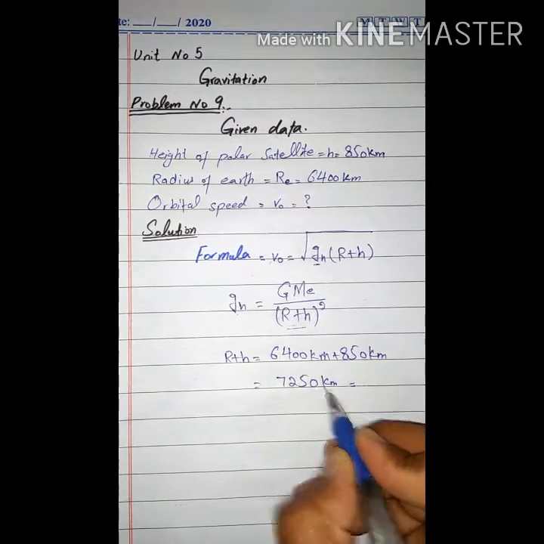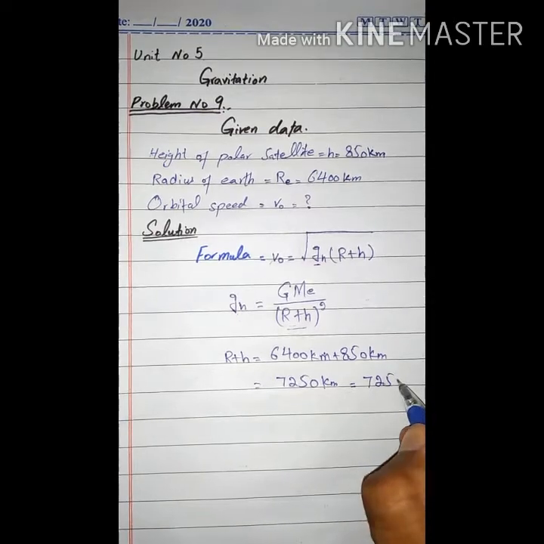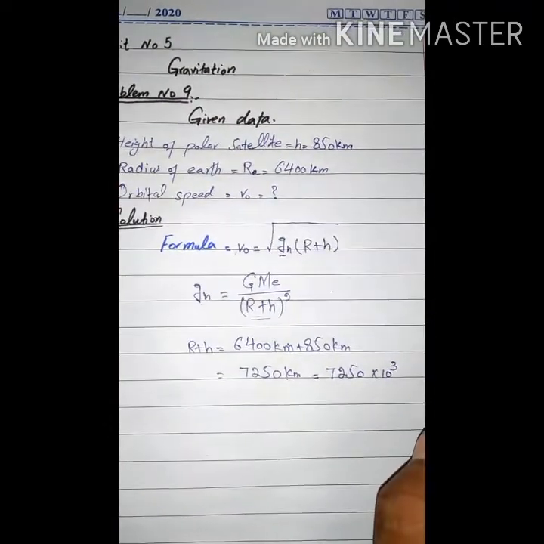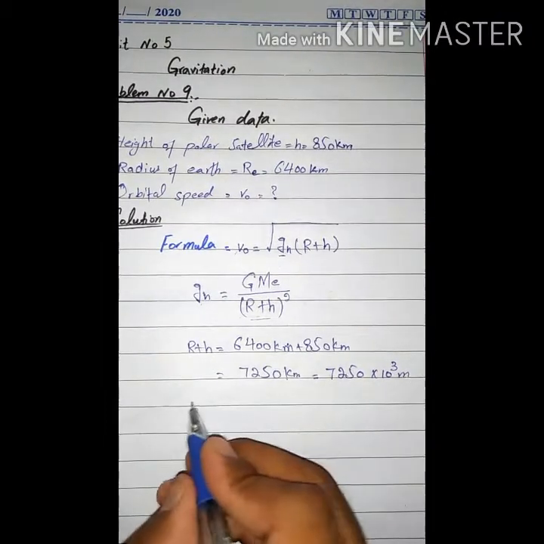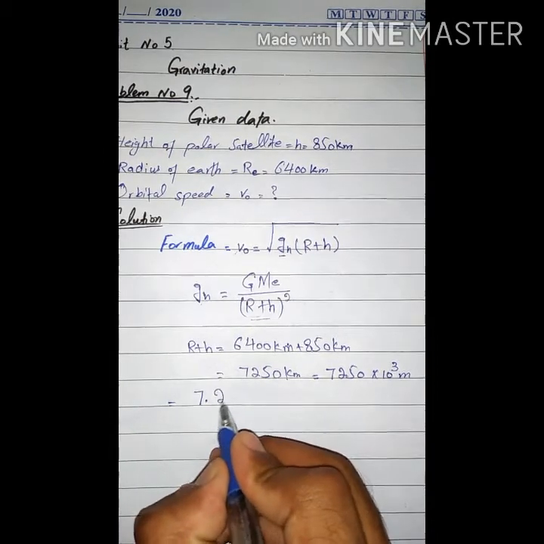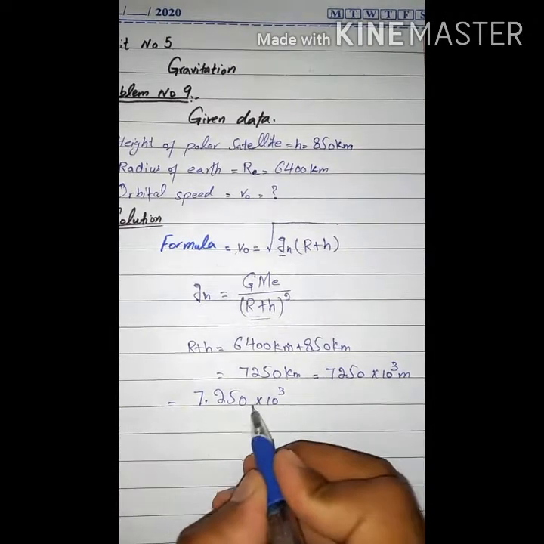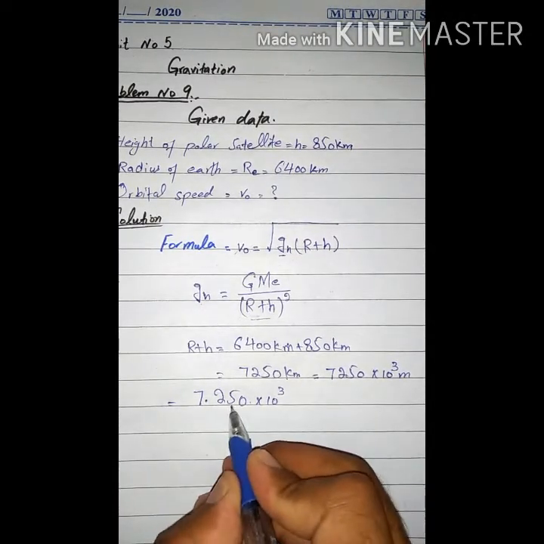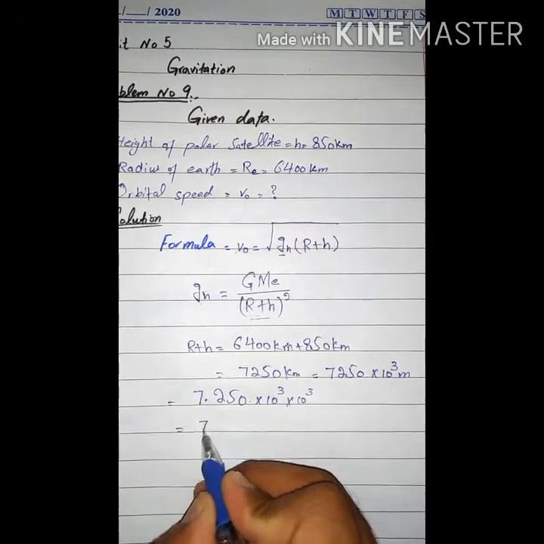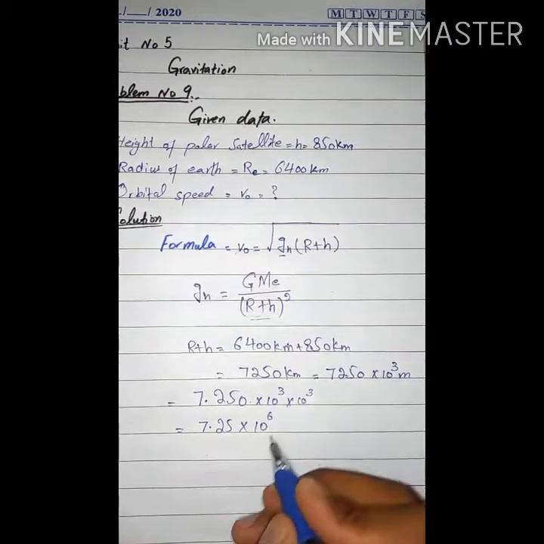Kilo is 10 to the power 3, so 7250 times 10 to the power 3 meters, and it can be 7.250 multiplied by 10 to the power 3, because the decimal point moves three places, then the power will be 3, multiplied by 10 to the power 3. So we get 7.25 multiplied by 10 to the power 6 meters.